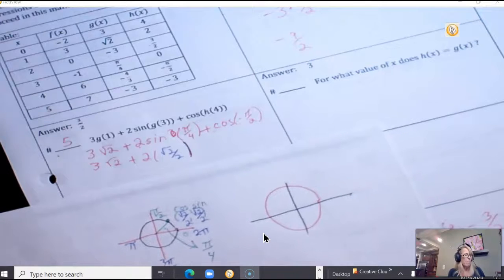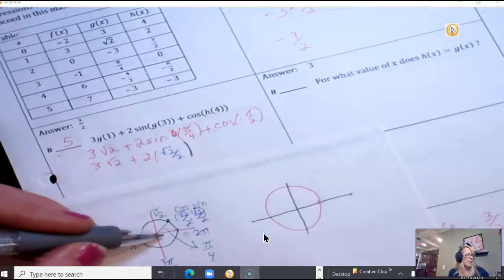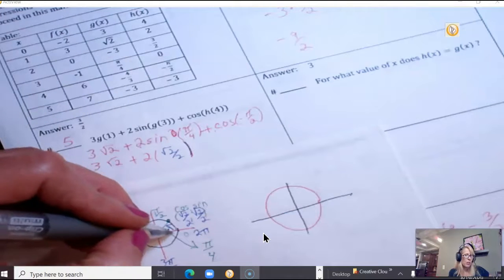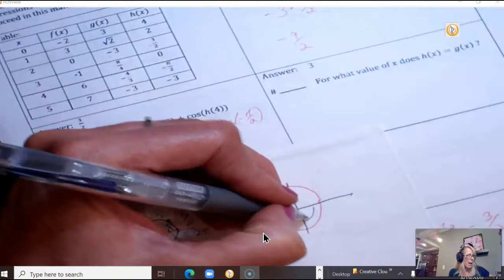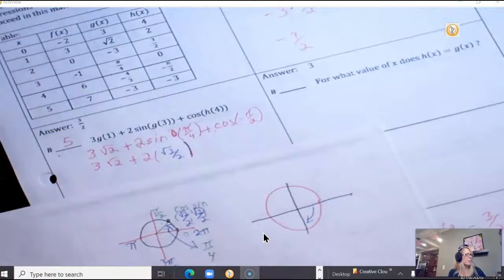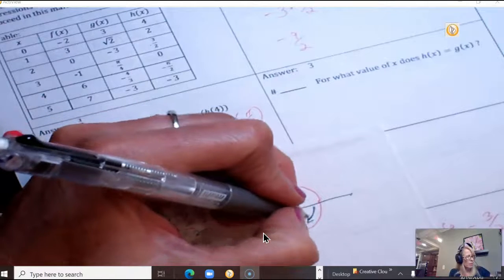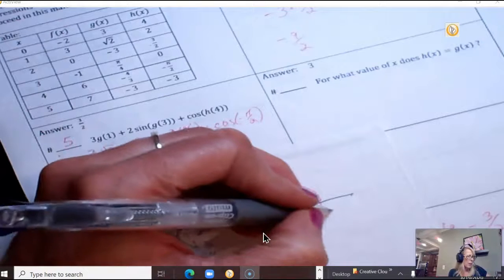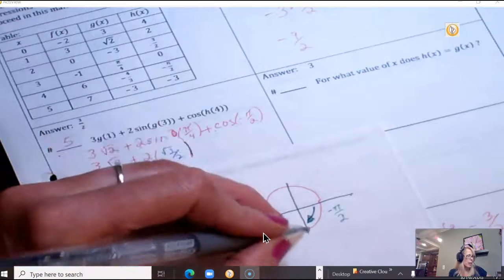Okay, anyway, negative pi over 2 means instead of going counterclockwise, going around the circle this way like we did with pi over 4, we're going the backwards route. It's going backwards because it's a negative, and we're going pi over 2, which would put us right here.